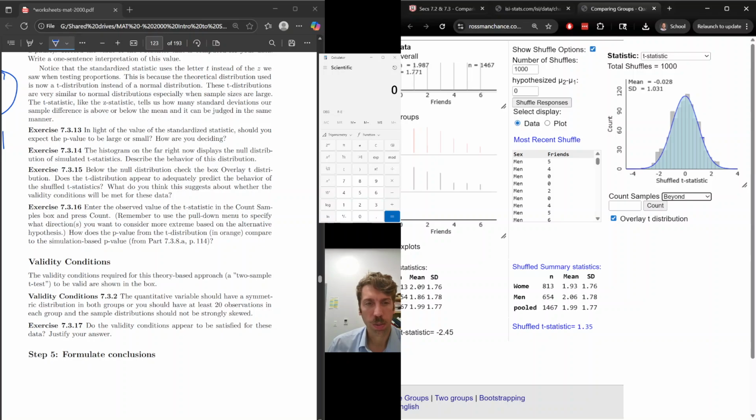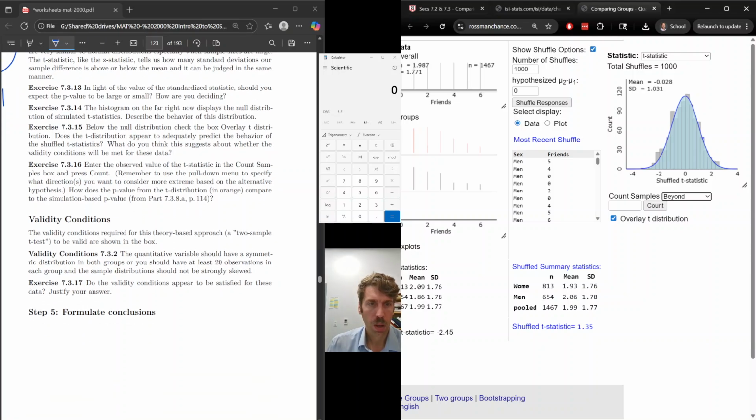The validity conditions required for this theory-based approach, a two-sample t-test, to be valid are shown in the box. Okay. So the quantitative variable should have a symmetric distribution in both groups, or should have at least 20 observations in each group, and the sample distribution should not be strongly skewed.